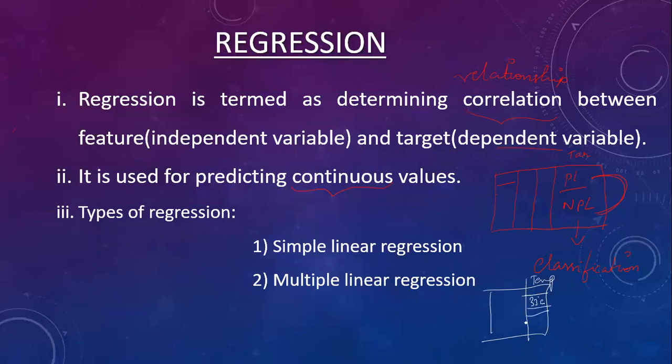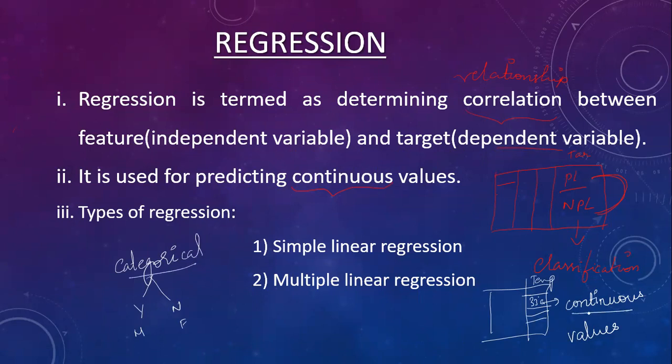These are called continuous values. And play, not play, like yes or no, male or female, this is a categorical variable. The target variable is categorical.